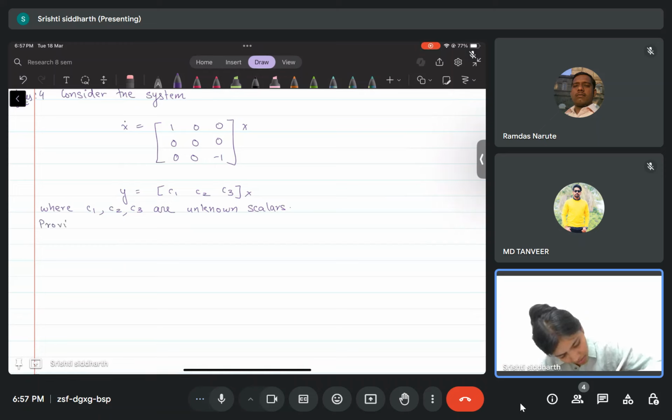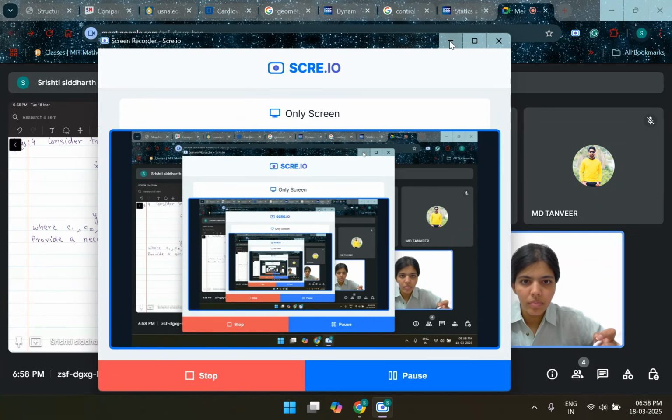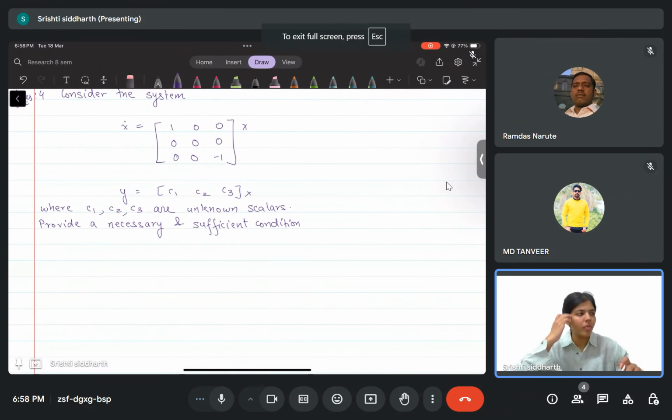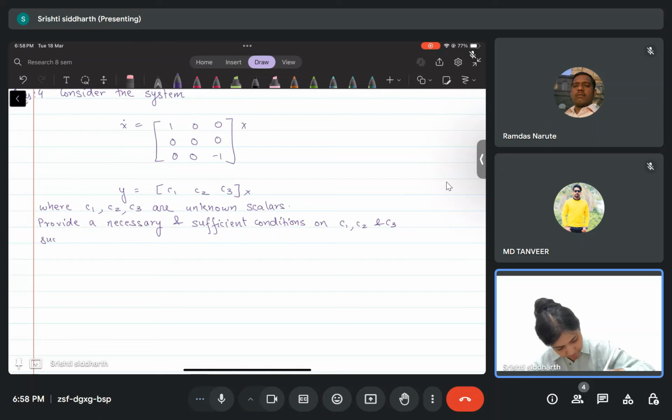Provide a necessary and sufficient condition on C1, C2, and C3 such that the system is detectable.